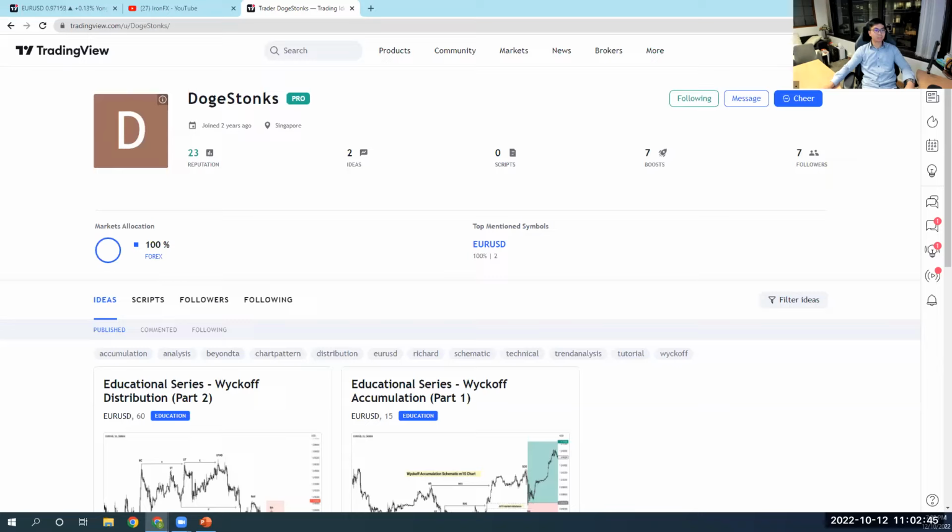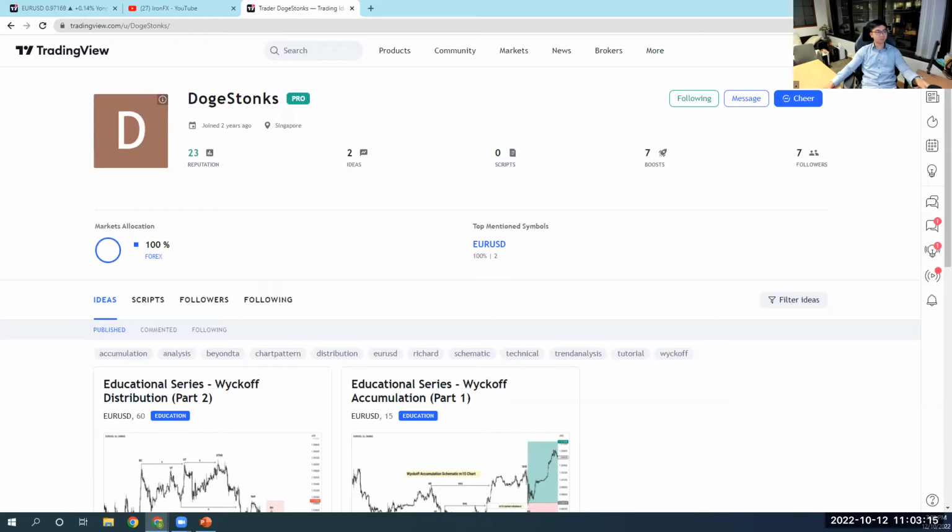What is your success rate with this method? I would not lie. There are some times when the market does not work in favor. Although you drew everything right, it's not a 100% win rate method. So what I like to do is my risk to reward must always be at least 1:3 to 1:5 risk to reward ratio. So I only take very, very high probability trades and I only risk 1% of my accounts.